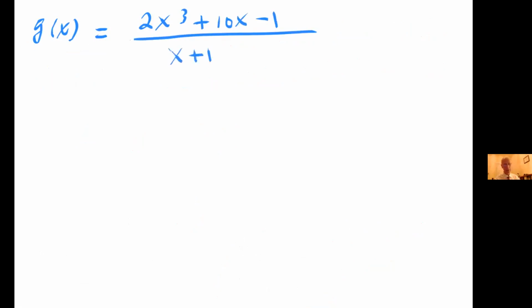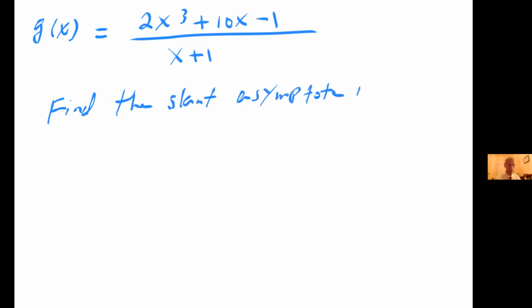Let's do another example. Suppose I have g of x equals 2x cubed plus 10x minus 1 over x plus 1, and find the slant asymptote, if any. The answer to this one is there is no slant asymptote because the degree of the numerator is higher by 2.